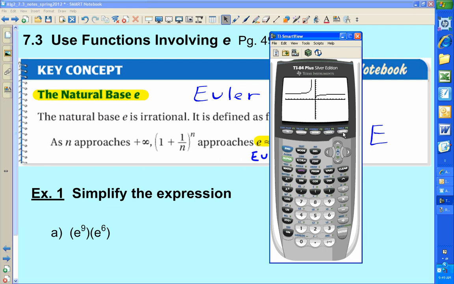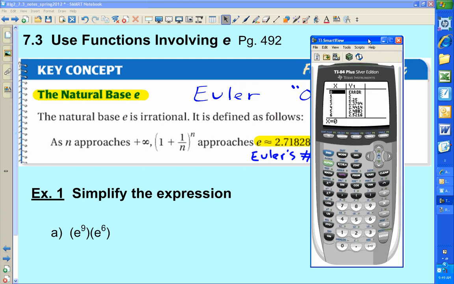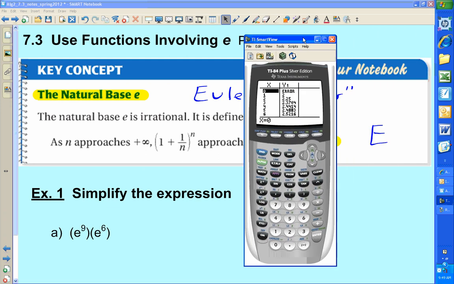So the graph of this on the right-hand side from when x is 0 going to infinity, you can see that the graph is increasing, but it looks like it levels off. If we look at the table generated when I increase my power here, so I'm looking at this expression right here, 1 plus 1 over n to the n. As n gets bigger, watch what happens to the value of the expression.